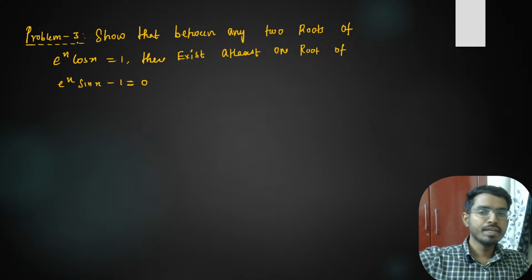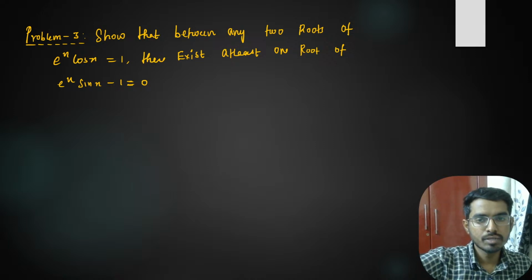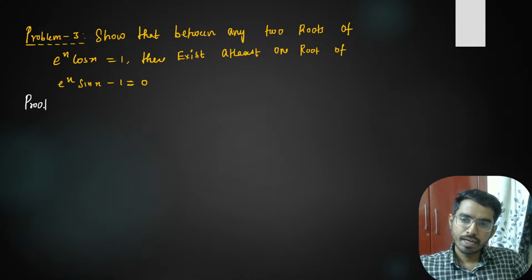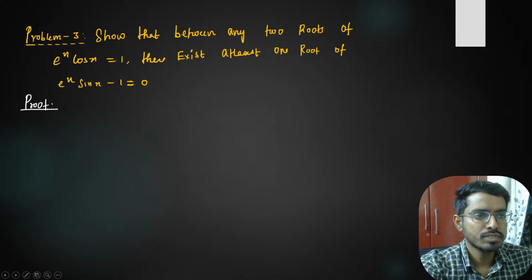Okay. So the next theorem is: show that between any two roots of e power x cos x equal to 1, there exists at least one root of e power x sin x minus 1. Very simple, right? I'll just visualize this.